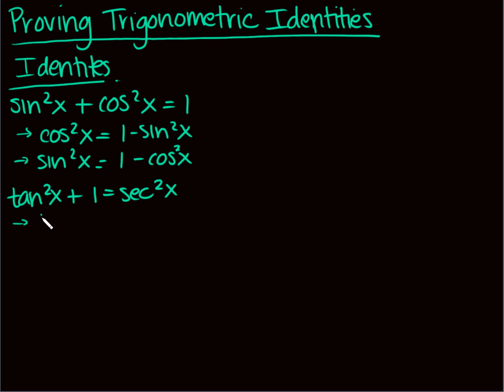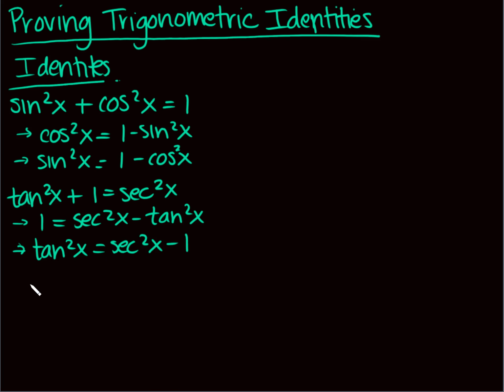From that, if we solve, we know 1 equals secant squared minus tangent squared. Or another way we could do that is tangent squared is secant squared minus 1.